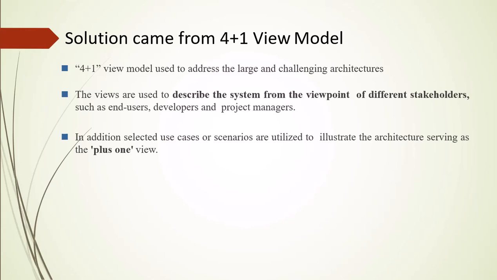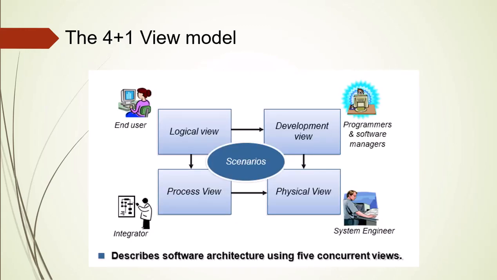Now, based on the logical view, we develop. The arrows come from the logical view to development and process. This means the logical view, which is the logic of the business process, is to be practically shaped as software.